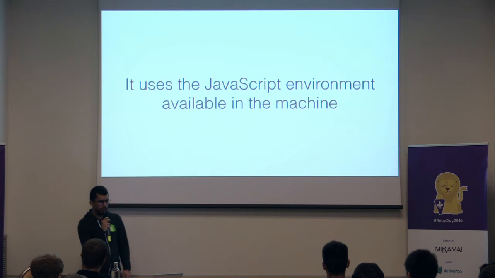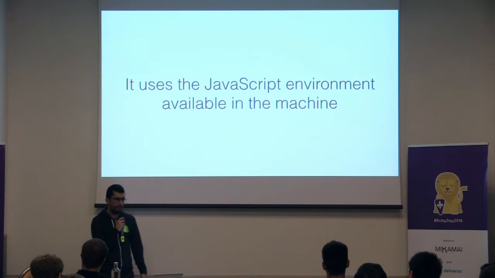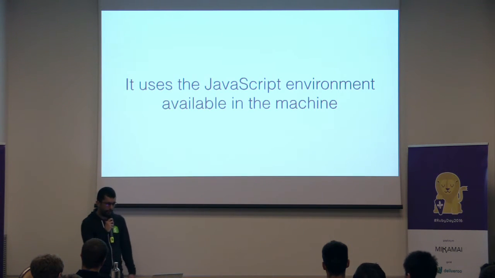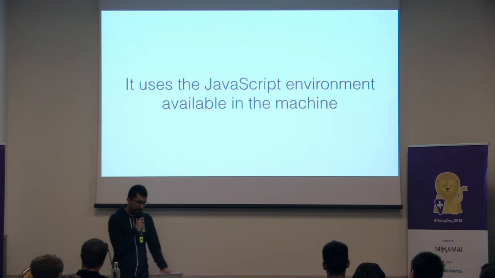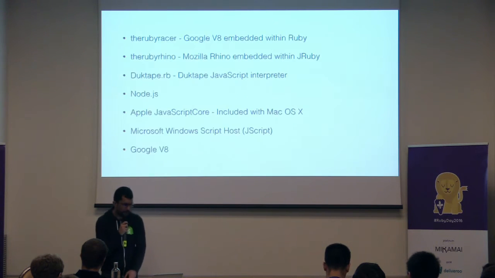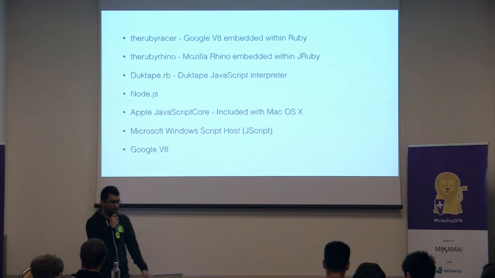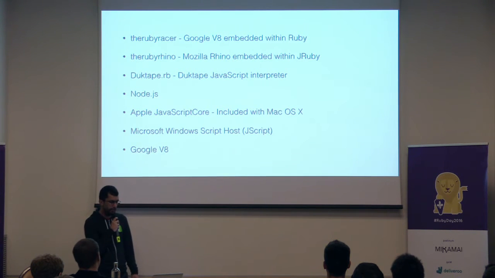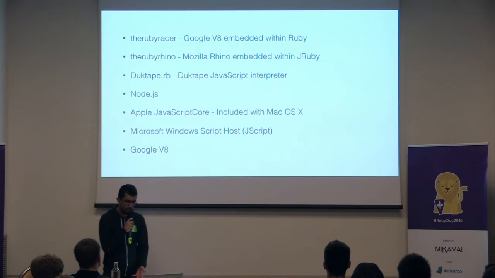If you are using a Mac OS system, you already have the Apple JavaScript Core engine installed in Mac OS, and the same with Windows. So you can use any of those environments, or you can use the Node.js environment if you want to, and I really recommend doing that. So ExecJS is really good because it does this auto selection of the environments and also allows you to run JavaScript code.